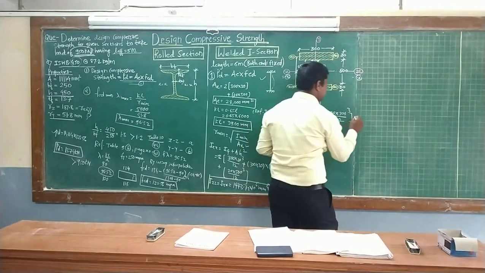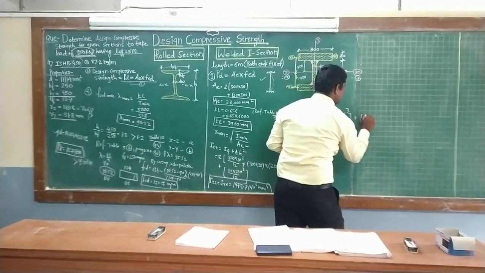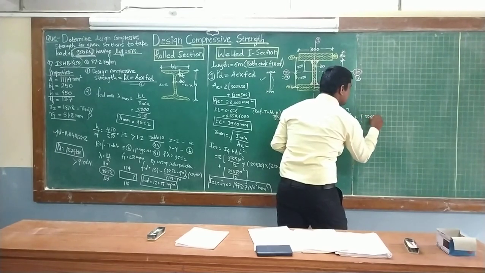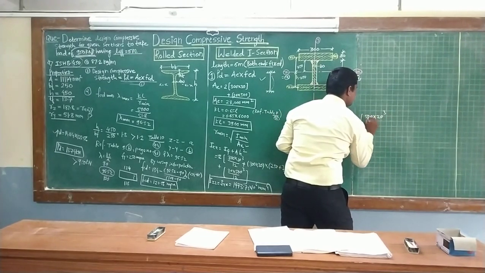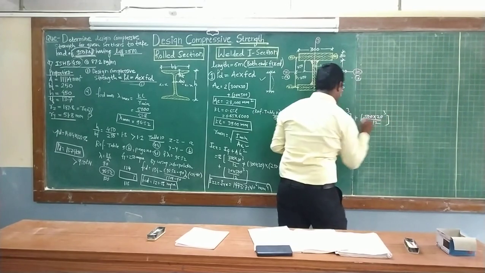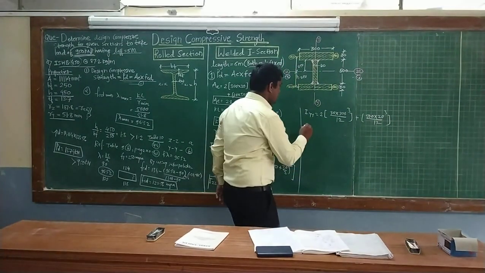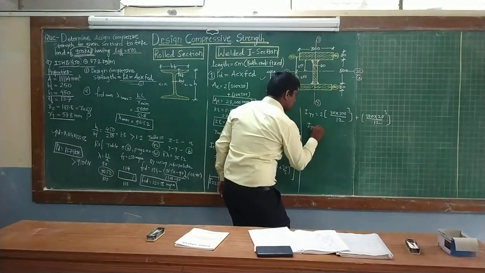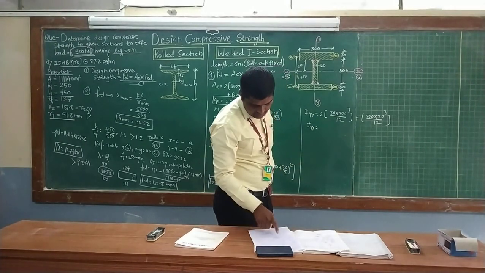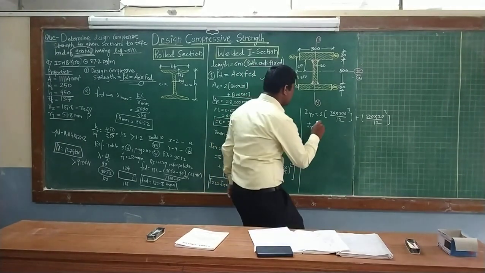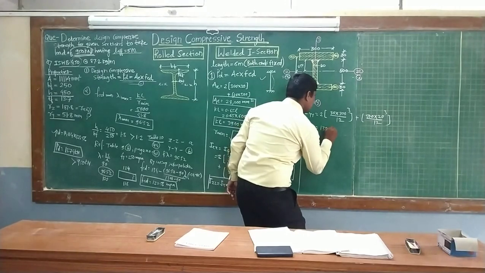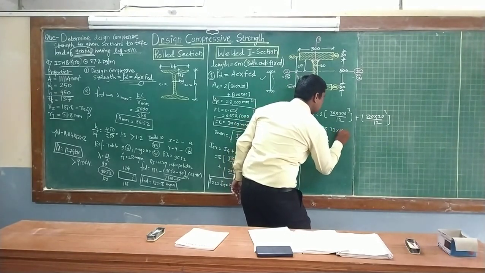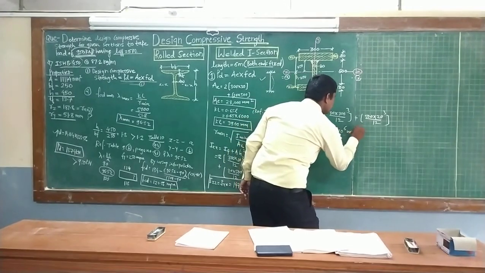So 500 is B into depth 20 mm cube divided by 12. So the moment of inertia about y axis, the answer will be 135.33 into 10 to the power 6 mm raised to 4.